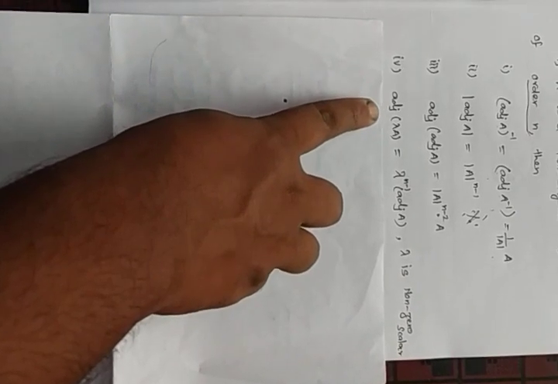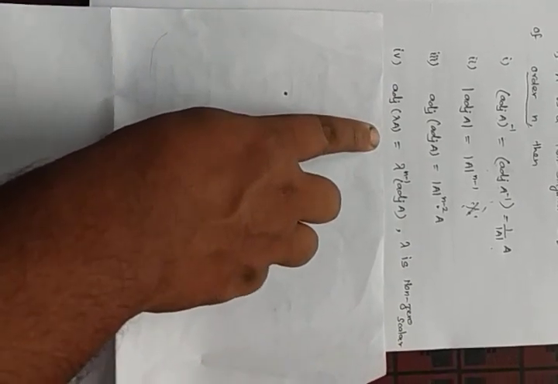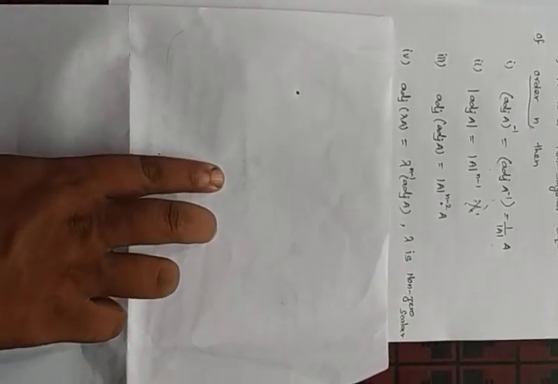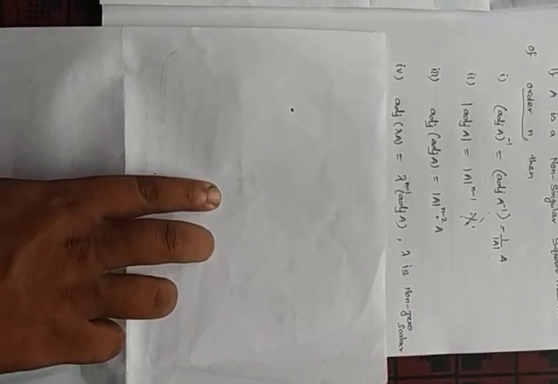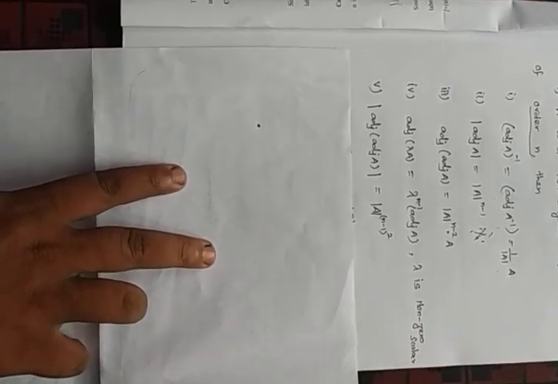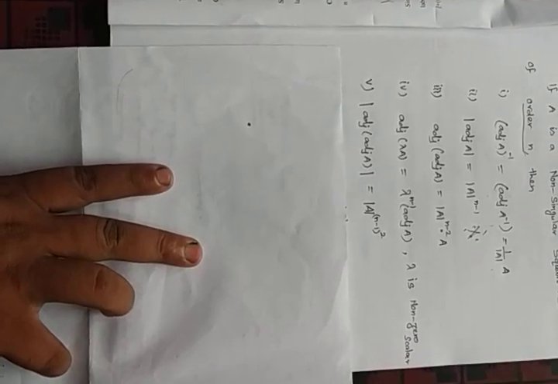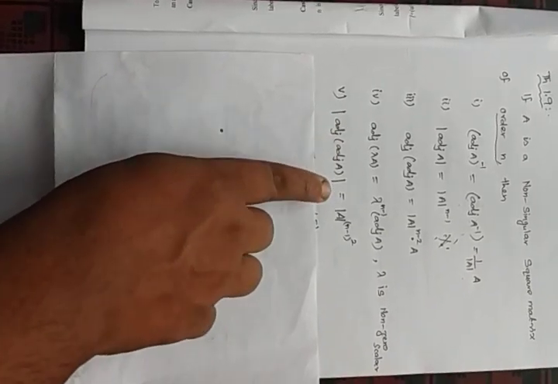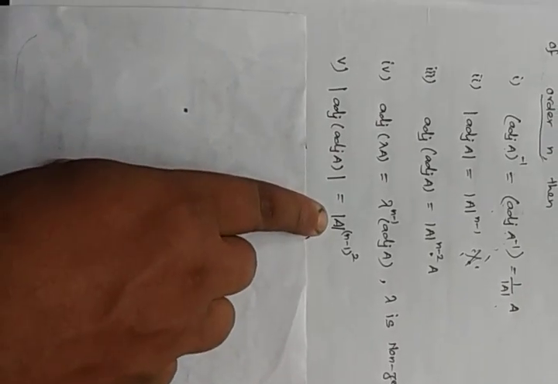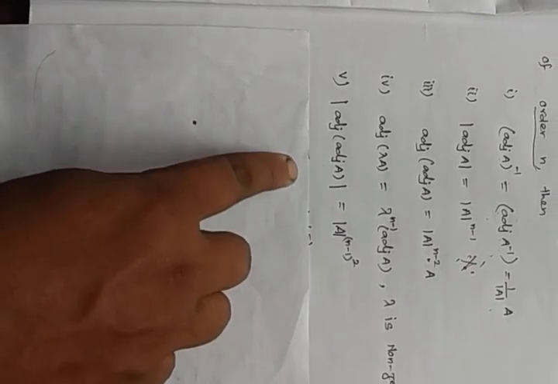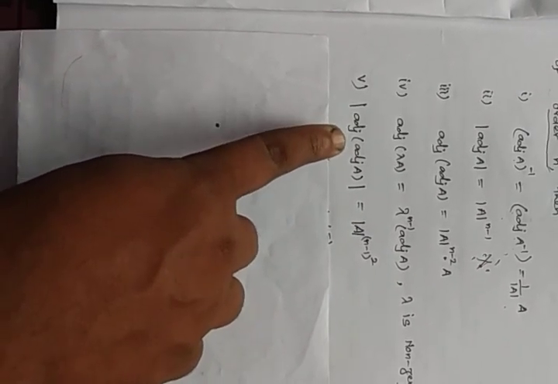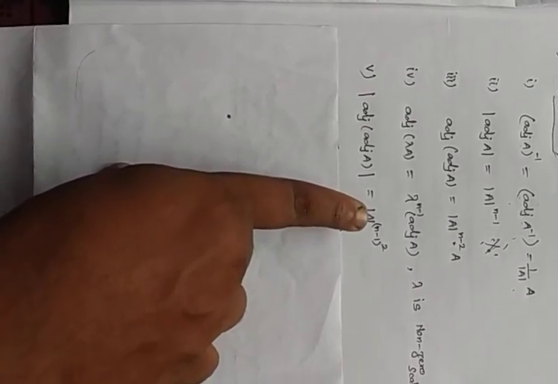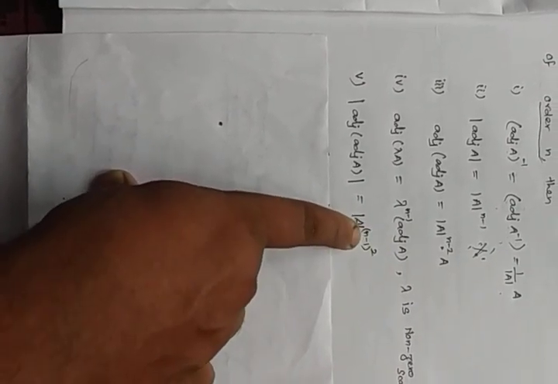Here the result they are saying: adjoint of lambda A equals lambda power n minus 1 into adjoint A. Next result, we have determinant of adjoint of adjoint A, which equals determinant A to the power (n minus 1) whole square. How we are writing the determinant of adjoint A value: determinant A to the power n minus 1, squared. Here two powers are there, so be careful: power of power.